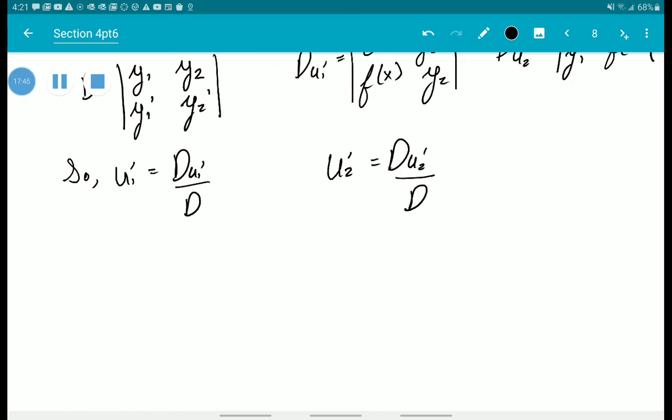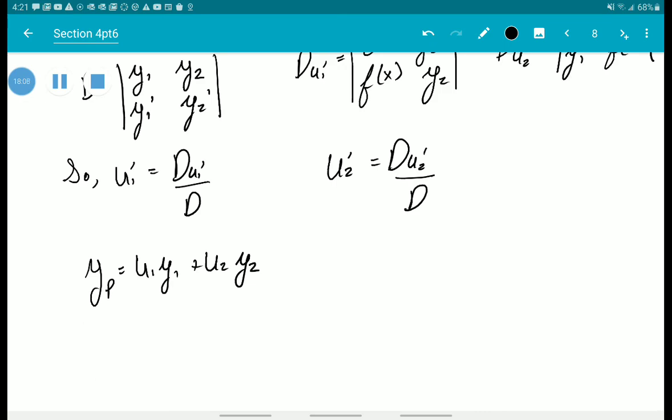Everything has to go back into that original assumption. The original assumption was that we could write this particular solution as u1 times y1 plus u2 times y2. So that's where the theory is for solving a second order differential equation that way.